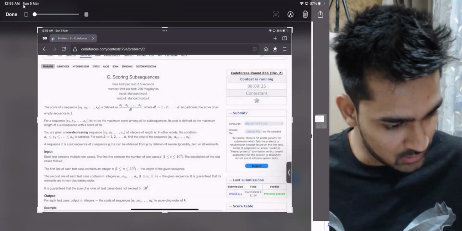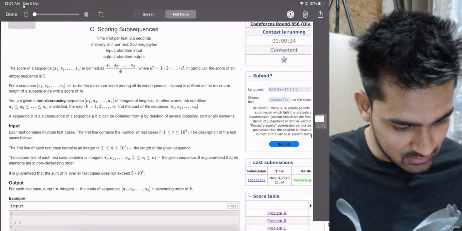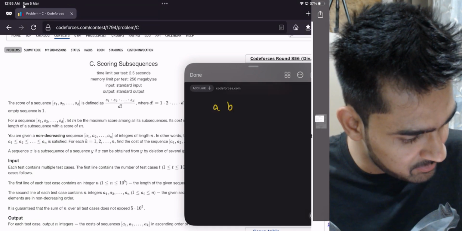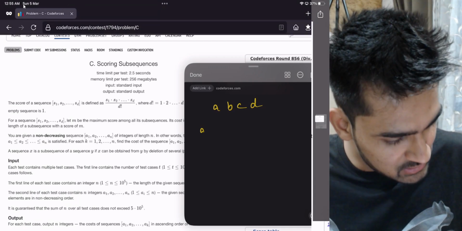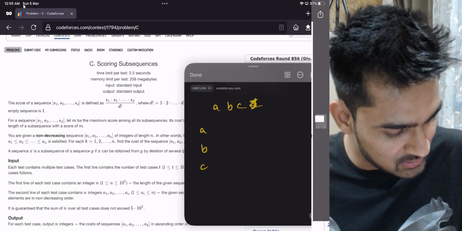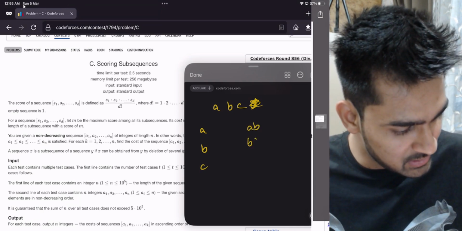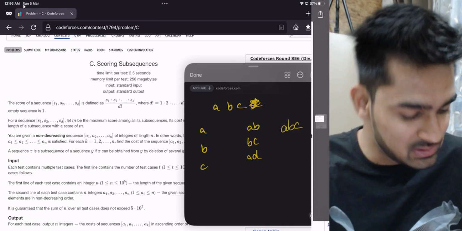Let's say we had A, B, C, D. One subsequence is A, one is B, one is C, one is AB, one is BC, one is AD, and one is the entire sequence.